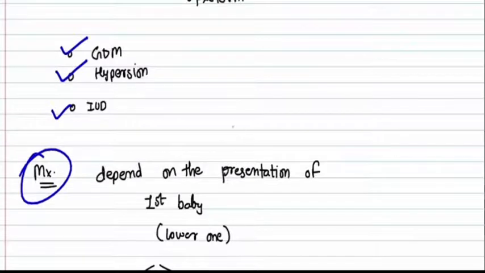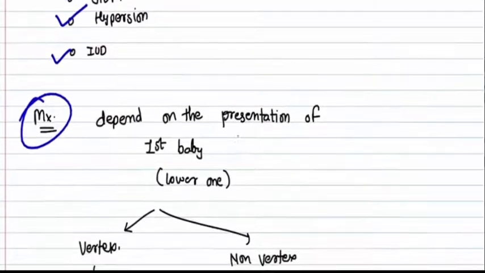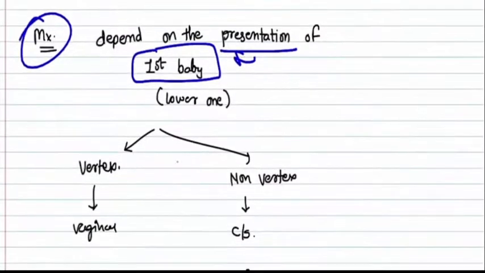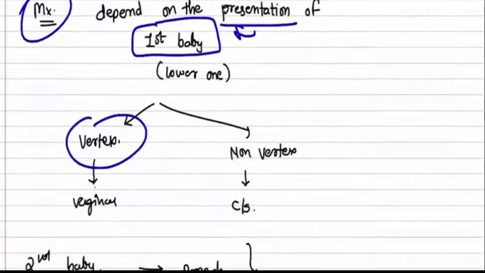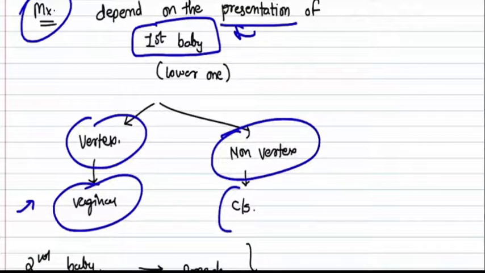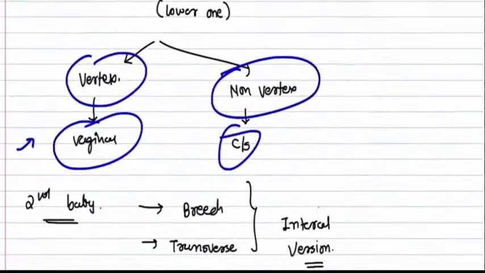The management and the delivery plan depend on the presentation of the first baby, and the first baby is a low Vernon baby. If the first baby is vertex presentation, then vaginal delivery is allowed, but if it is not vertex, then cesarean section should be directly considered.